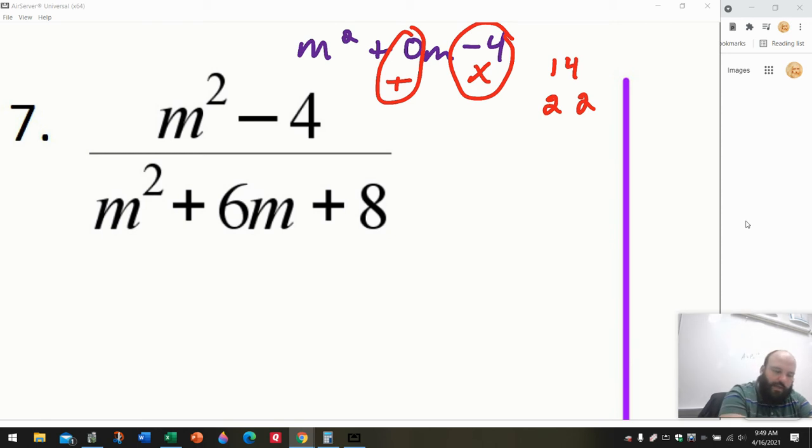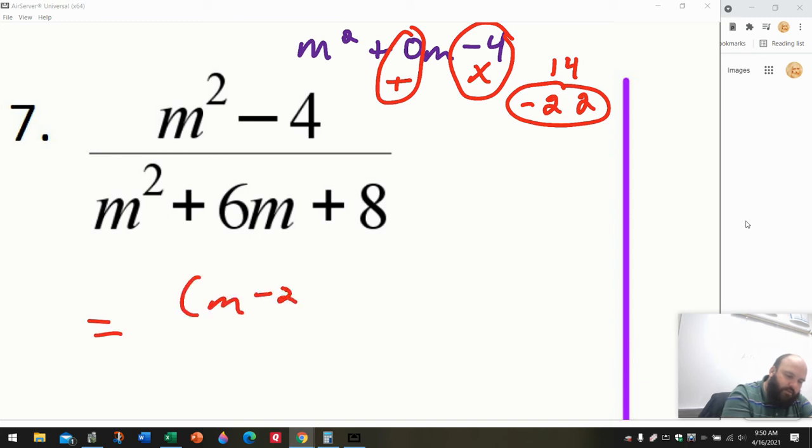So in order for that to happen, we would have -2 and +2. Those two numbers will multiply to give me -4, and they will add to give me 0. So we will use those two to factor that numerator. So the numerator will factor into m minus 2 and then m plus 2, just like that.